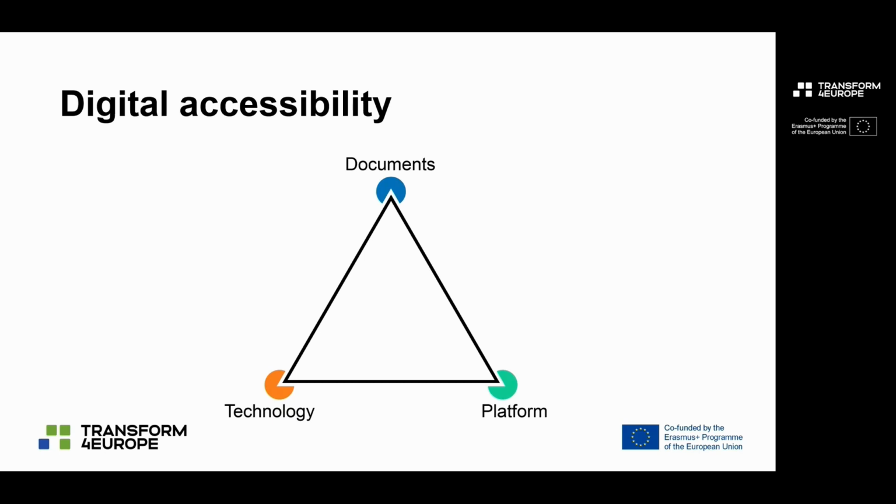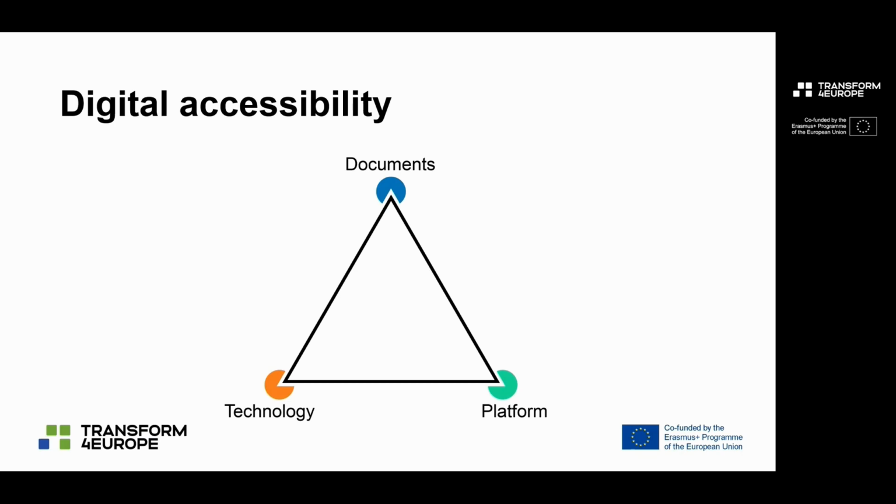If that person has the technology but doesn't have access to the platform, the person won't be able to use it. And finally, the documents. If the user has the technology and access to the platform, but the documents are not accessible, they will be useless.